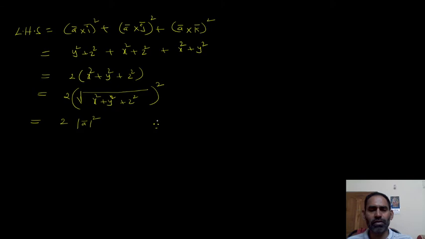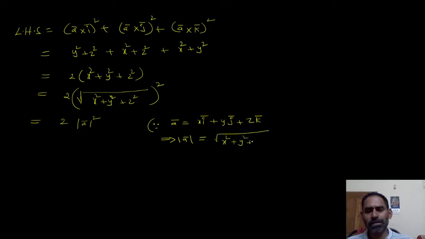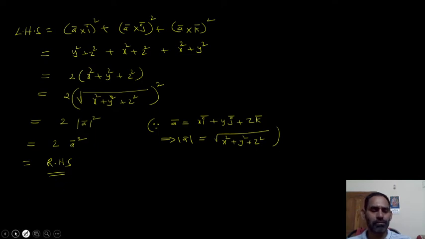Since we have taken a bar as xi bar plus yj bar plus zk bar, mod a bar means square root of x square plus y square plus z square. Therefore this is modulus of a bar whole square, which can be written as a bar square. This will be RHS. This is an important problem.